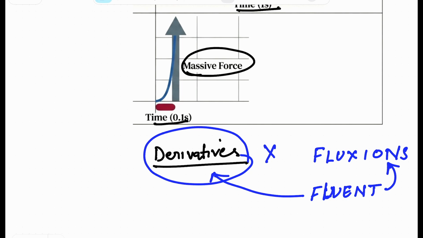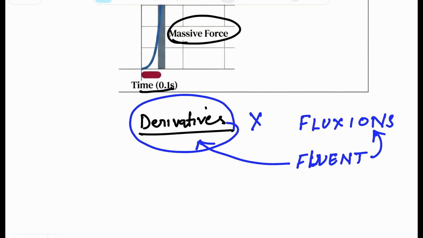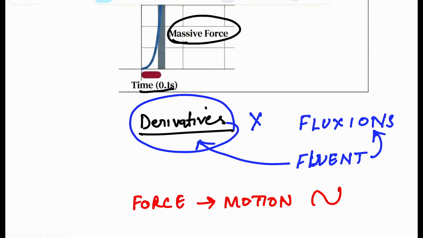Newton did not think that force needs to be differentiated. His reasoning was force changes motion, motion changes continuously and not in jumps. That is why his second law is written as how rapidly momentum changes at each instant and not just over a finite interval.